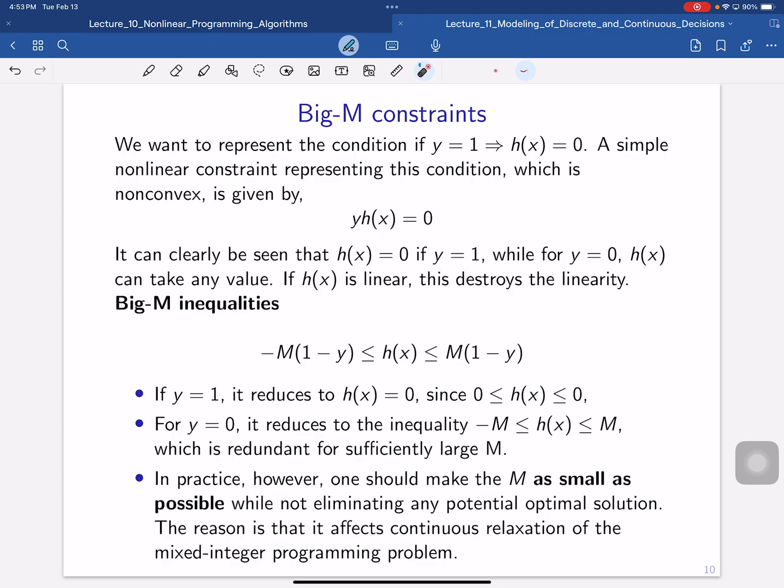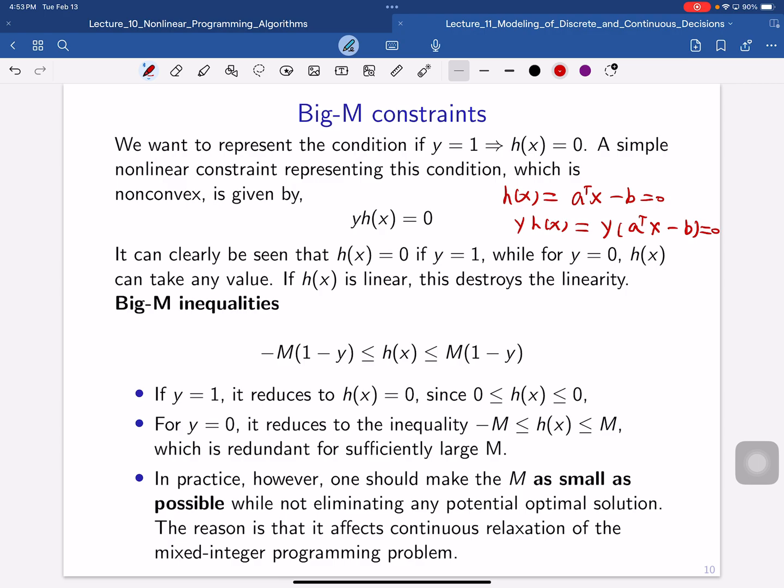For example, if h(x) is a transpose x minus b equals 0, then y times h(x) will be y times (a transpose x minus b) equals 0. Now you have a nonlinear term, which is y times x, right?